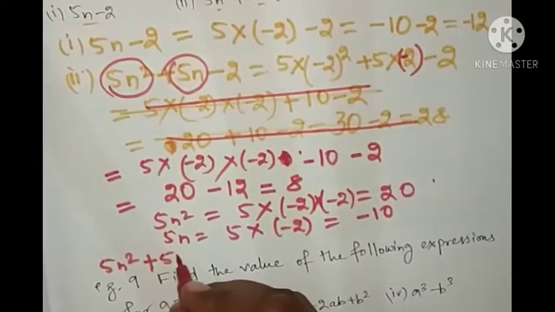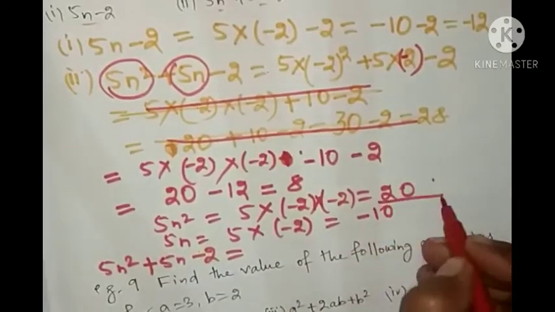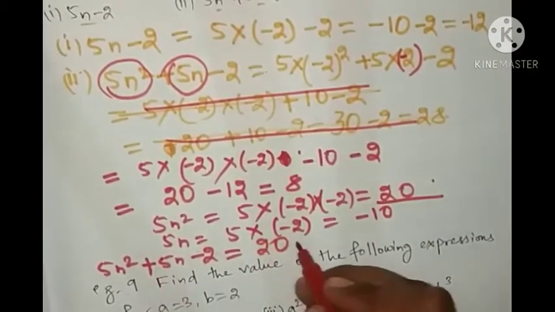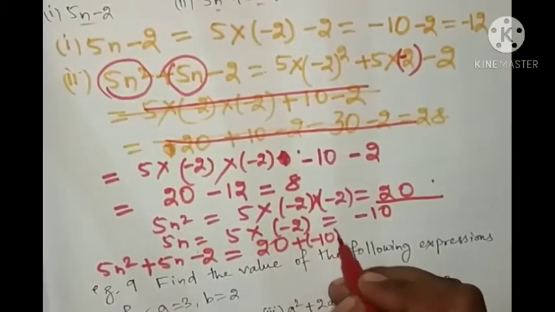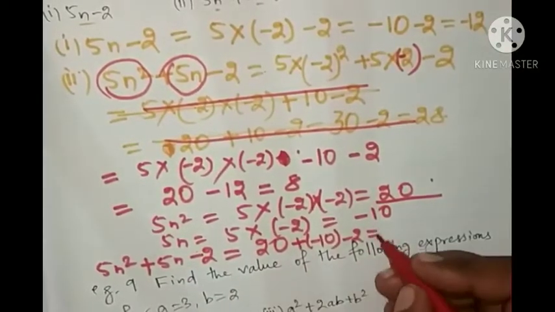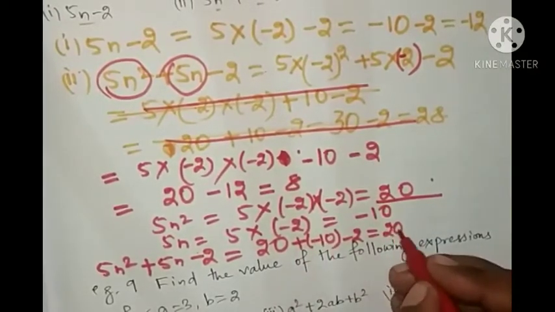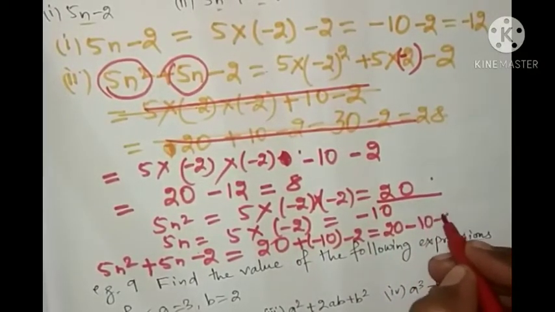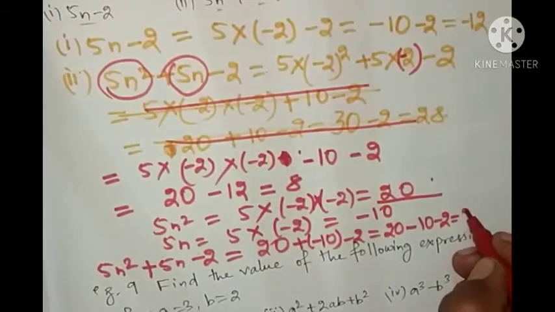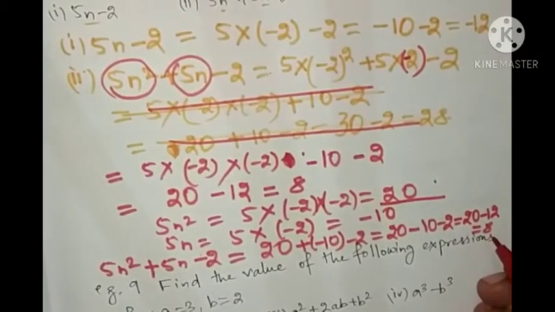plus 5n minus 2 equal to, 5n square is how much? 20, right? Directly 20. 5n equal to how much? Minus 10 and minus 2. So now you will write 20 plus minus 10 minus 2. What can you write? 20 minus 12 equal to how much? 8.